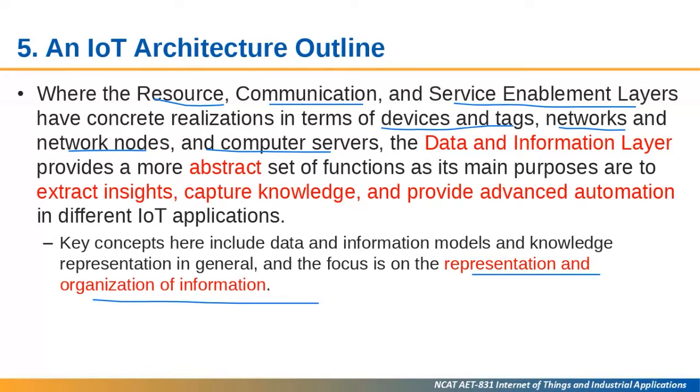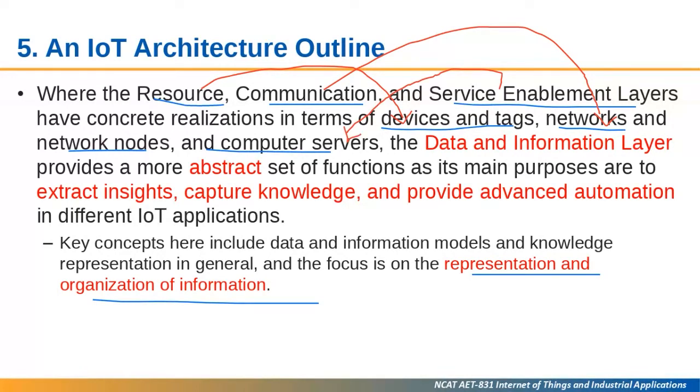What I want to mention here is that for the resource layer, we have the devices and the network and network nodes. Basically, for the previous several layers, the resources, the communication, the physical realization, the devices and the network and network nodes are physical, and for the service enablement layer, the computers.